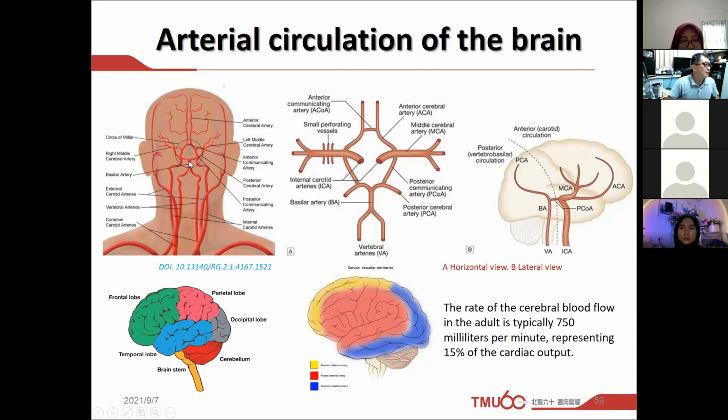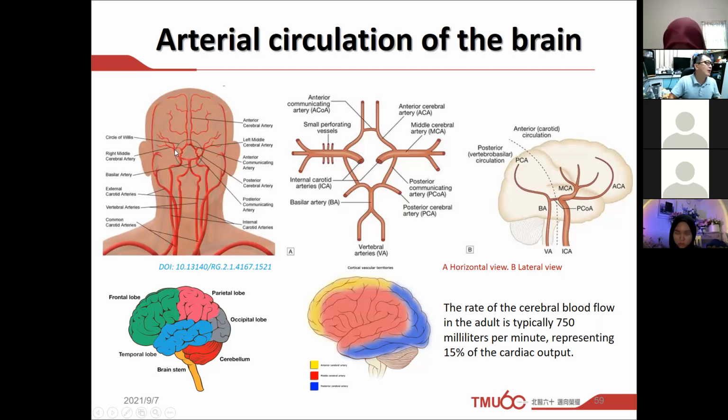Eventually, the vertebral arteries are going to merge together at this area. This area we call the circle of Willis. That's a very unique structure in the circulation of arteries in the brain, which can regulate when you get a stroke or blockage in your artery or your brain. Then later on, these internal carotid arteries will merge with another vessel.